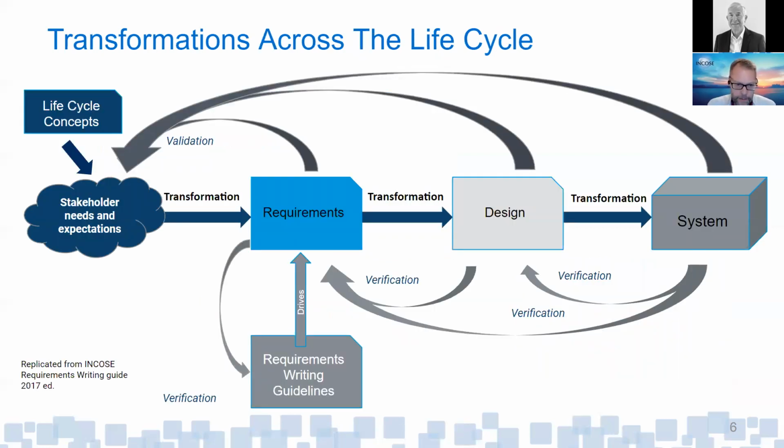I don't need to tell you that requirements are important, but I think this illustration does a good job of underlining the importance. Here we see the core artifacts throughout the life cycle of the system, starting with the stakeholder needs, their expectations, life cycle concepts, and different usage scenarios, and we need to correctly transform them into a set of requirements that meet those needs.